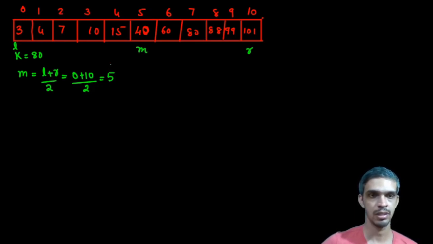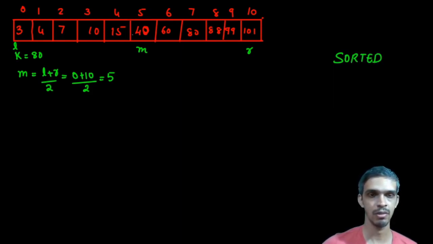After this, we will check whether a[m] equals 80. We can see that 40 is not equal to 80. We already see that this is a sorted array.